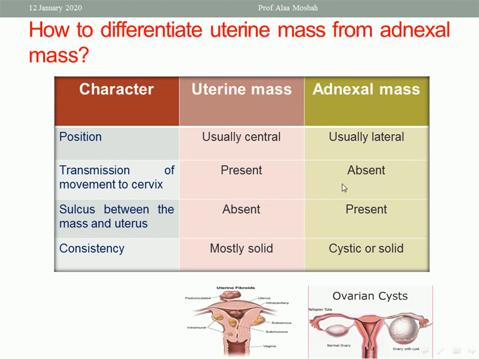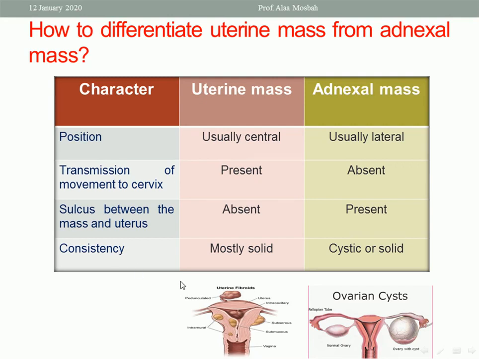But in adnexal mass, movement is not transmitted to the cervix, because the adnexal mass is separated from the uterus. Is there any sulcus between the mass and the uterus? There is no sulcus in case of uterine mass, but in case of adnexal mass, there is a sulcus. This is adnexal mass, ovarian mass. There is a sulcus between the mass and the uterus.